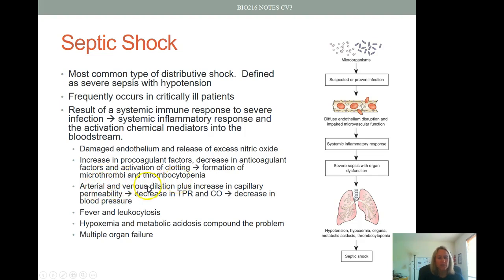We get arterial and venous dilation, plus an increase in capillary permeability, so more fluid leaks out. That's going to cause a decrease in total peripheral resistance and a decrease in cardiac output that together lead to a decrease in blood pressure. We're also going to see fever and leukocytosis, hypoxemia and metabolic acidosis, and this can rapidly lead to multiple organ failure.